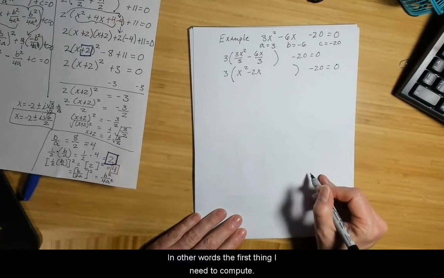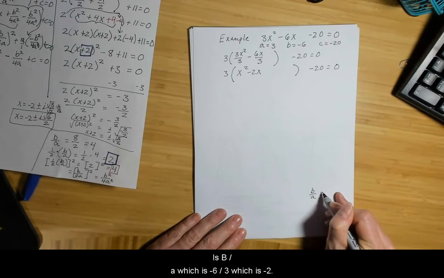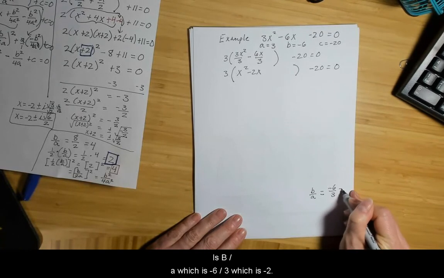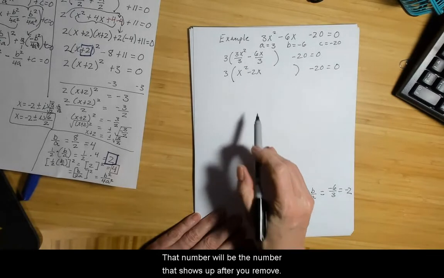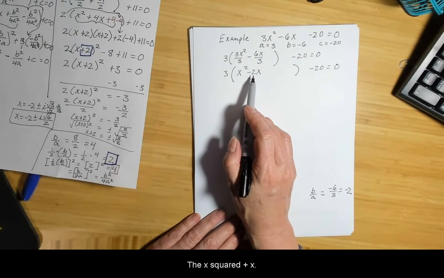In other words, the first thing I need to compute is b divided by a, which is negative 6 divided by 3, which is negative 2. That number will be the number that shows up after you've removed a from the x squared and x term.